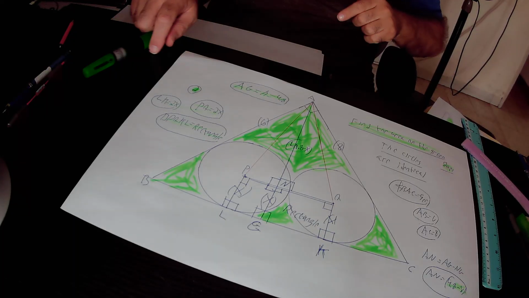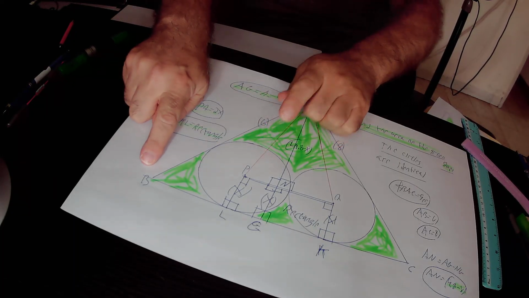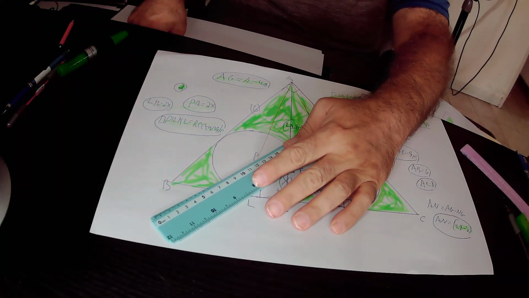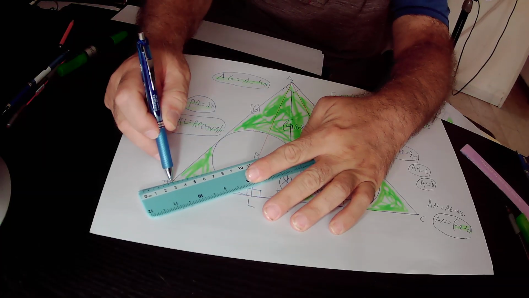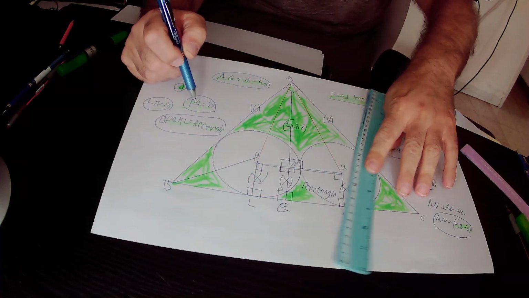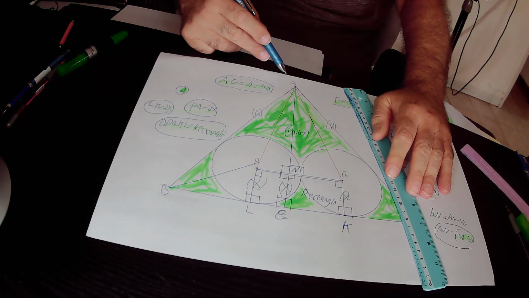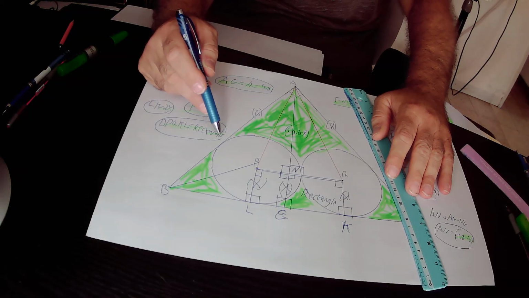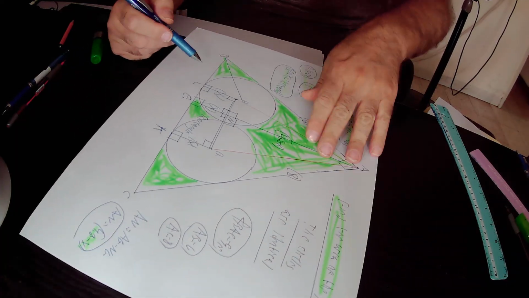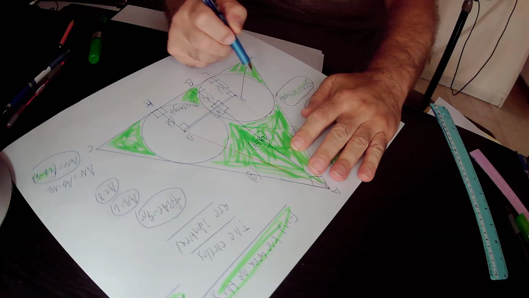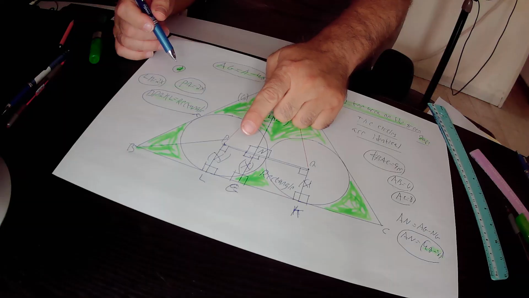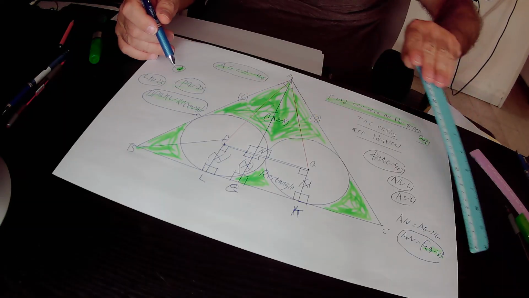In the next step, we'll join points P and B together by a straight line. We'll define the point of tangency of tangent AB with this circle. This point is point F. And we join points P and F together by a straight line.